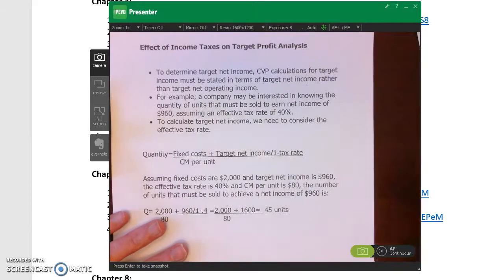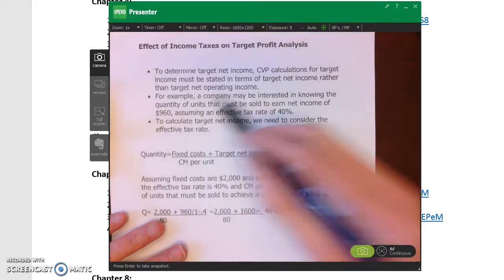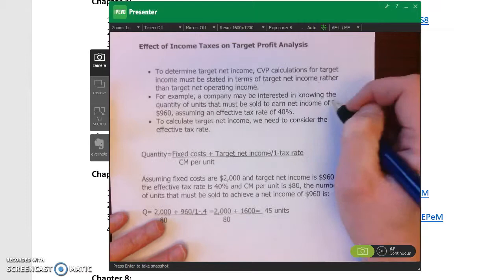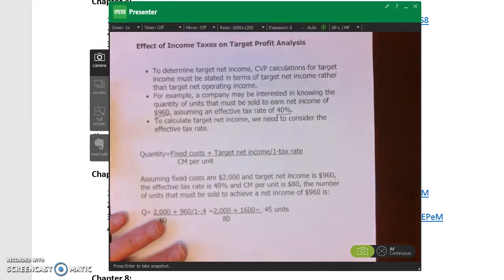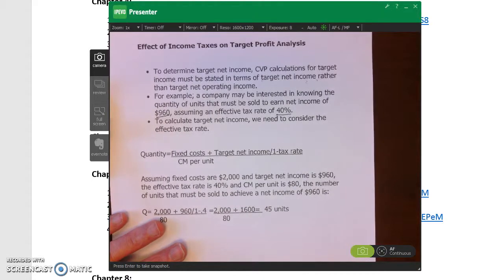For example, a company might want to know the quantity of units they need to sell to earn net income of 960, assuming this tax rate. In order to calculate target net income, not net operating income, we have to consider the tax rate.